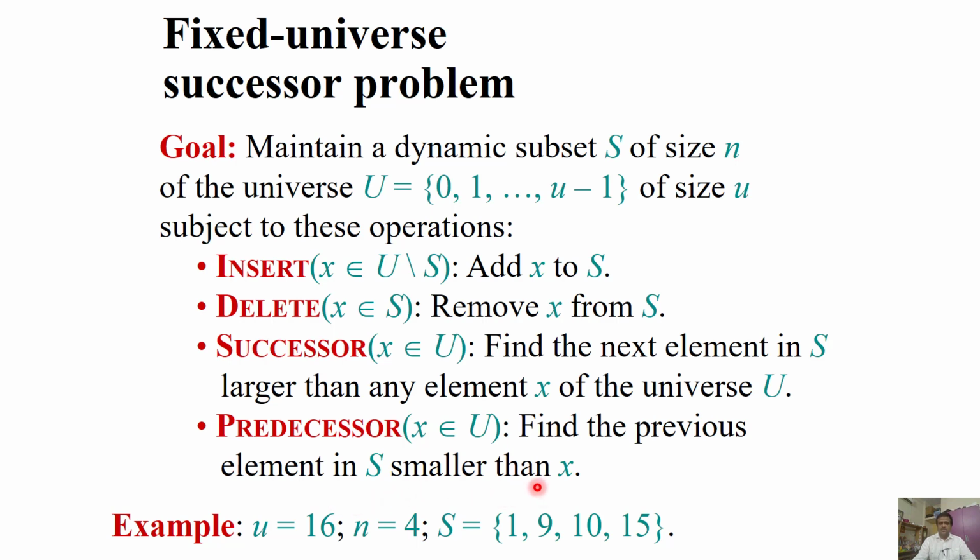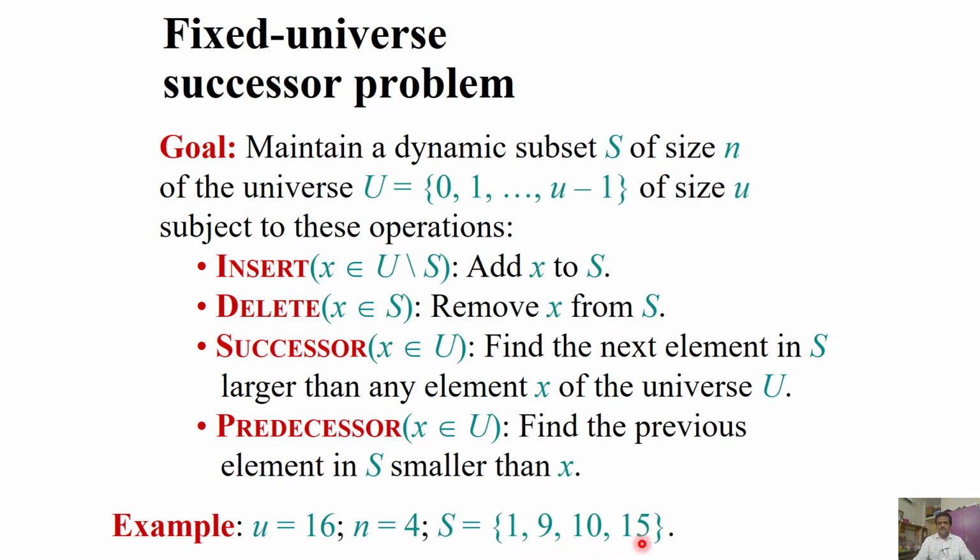So, for example, if we have a universe say 0 to 15, the size of the universe U is 16. So, our key values are from 0 to 15. Now suppose at some point of time the size of S, n, is 4; we have 4 elements, and their values are 1, 9, 10, 15.